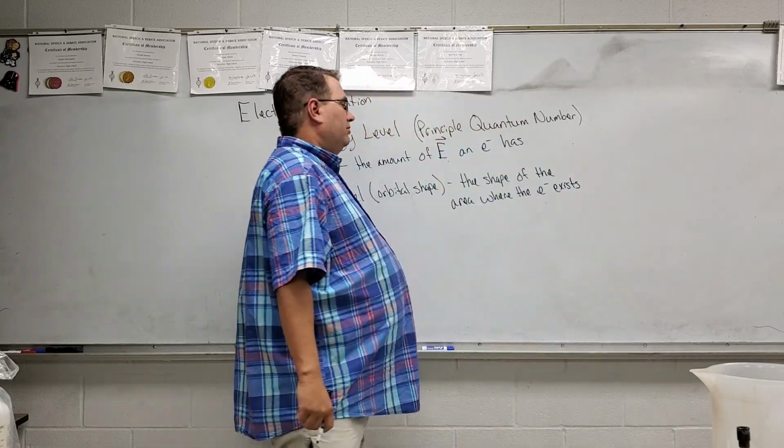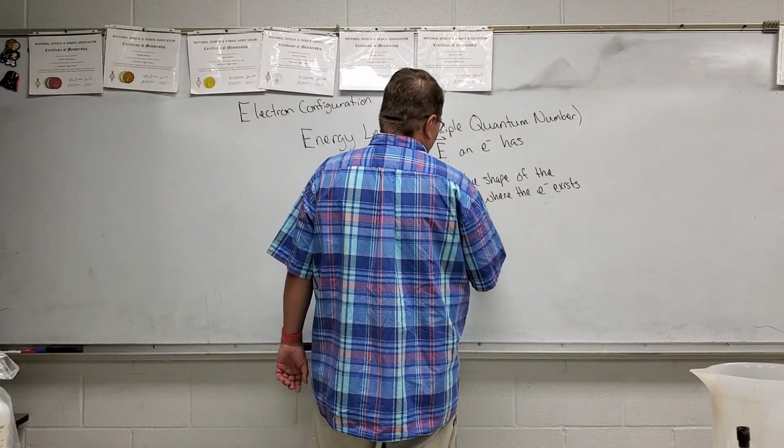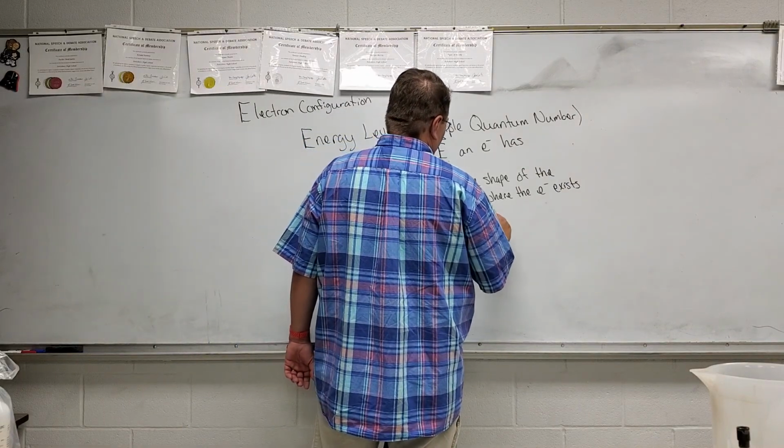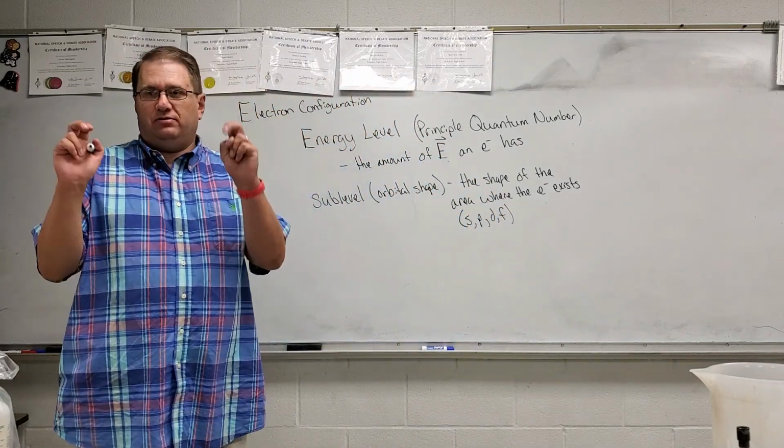It's the shape of the area where the electron exists. Those are denoted by the letters S, P, D, or F. That's their names, so to speak.